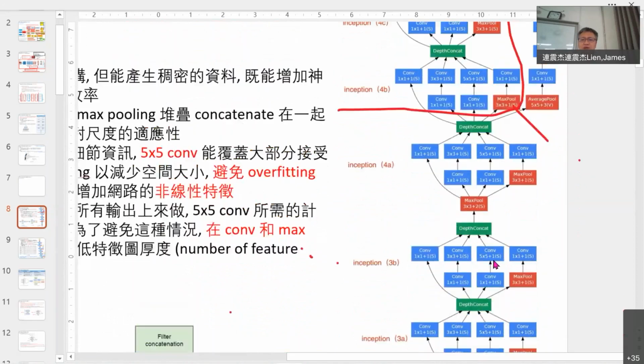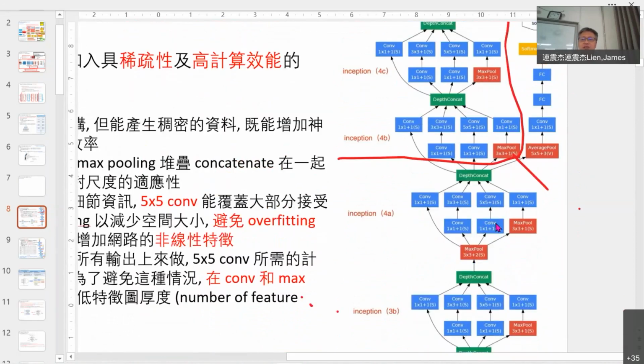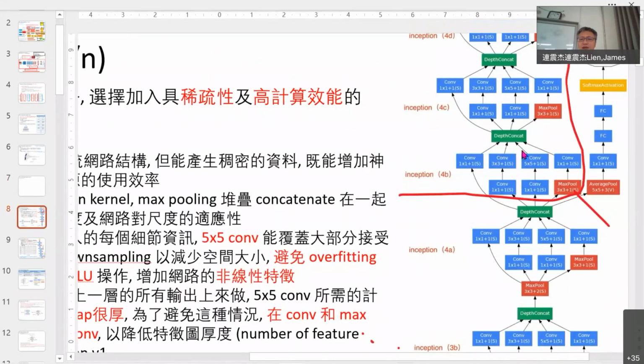So they copied this one to a second one, and because it is already complicated, they fixed the parameters and did not update them. They connected it to the second one, the second one is the same repeat, and they got a result. We call this fine-tuning, and it gets better. So finally GoogleNet has three big blocks, and the result is very good.